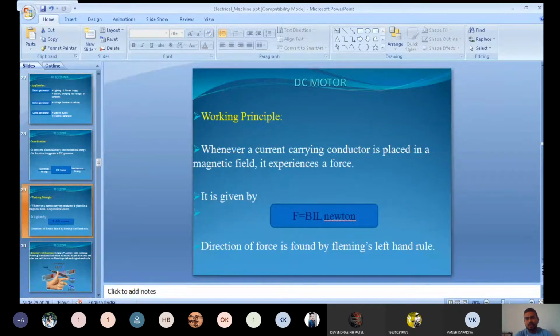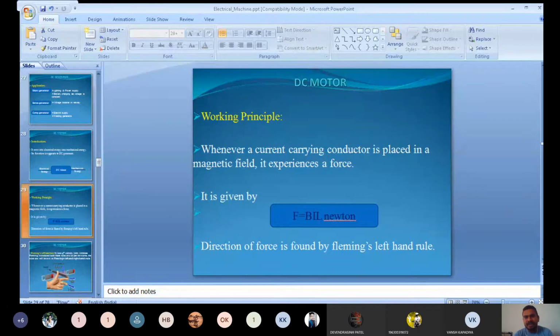Suppose we have a magnetic field, produced by a magnet. We assume that we have an N pole magnet and an S pole magnet. Then we have a magnetic field, or magnetic lines of force, or magnetic flux.